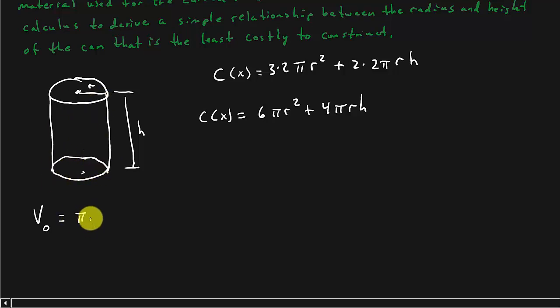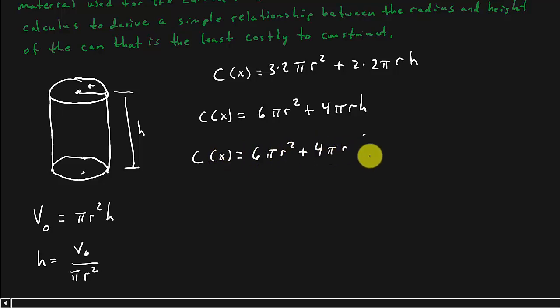So that's pi r squared times h. And so we get h is equal to V naught over pi r squared. So I'm going to replace h with V naught over pi r squared. So C of x is 6 pi r squared plus 4 pi r times V naught over pi r squared.